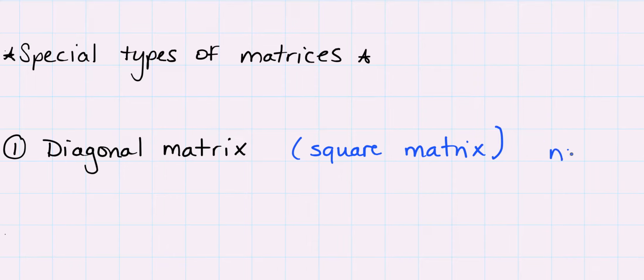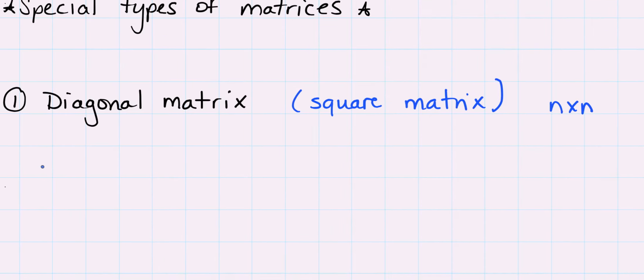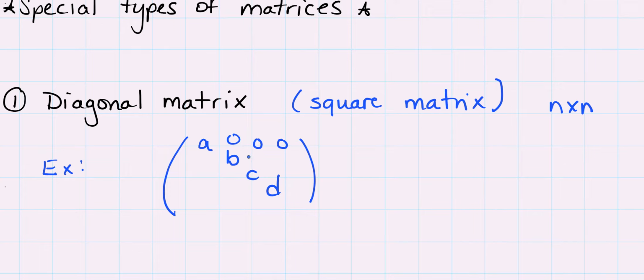And so we're going to say n by n. And I'm going to give you some examples. It's going to have numbers, any real numbers on the diagonal, but 0 everywhere else.